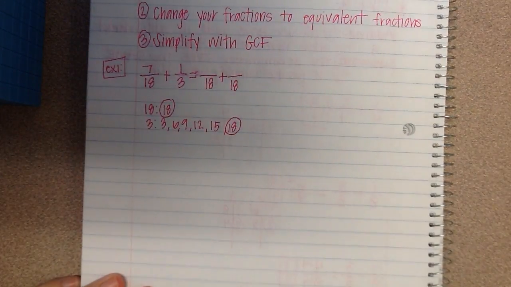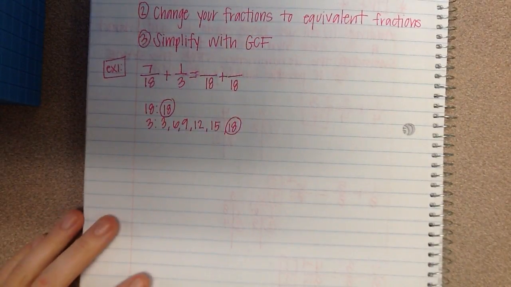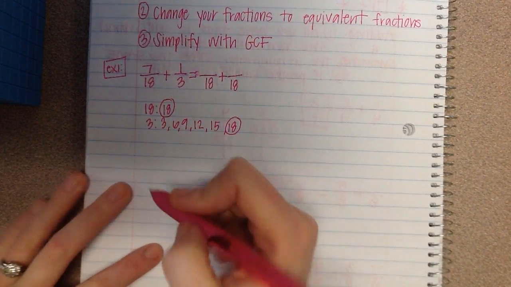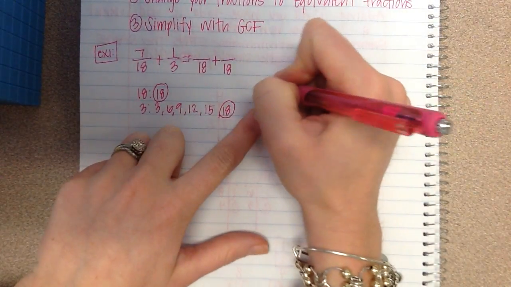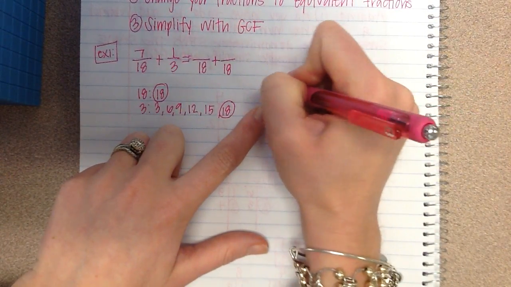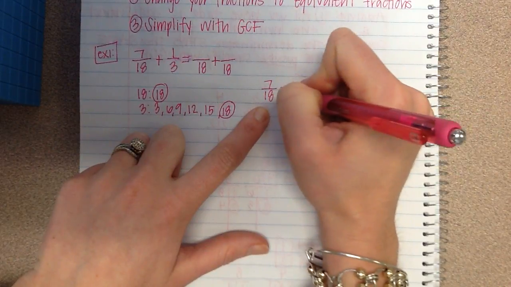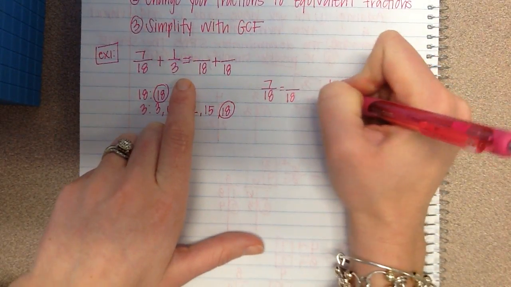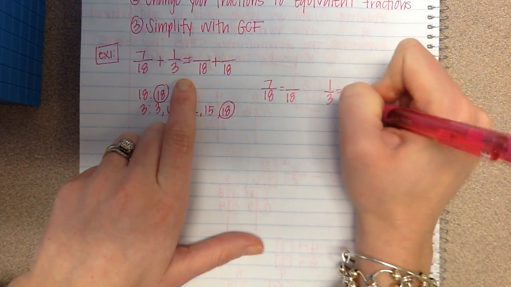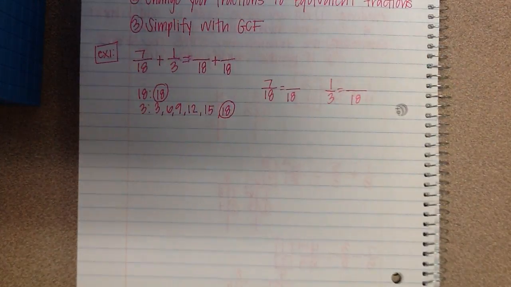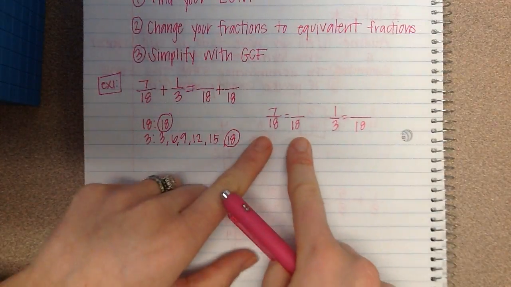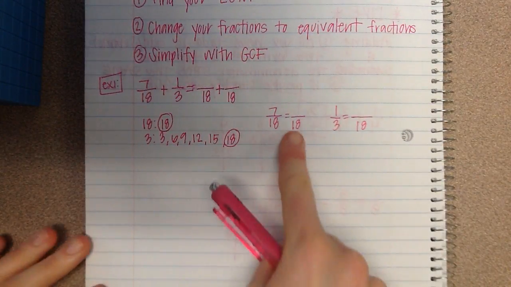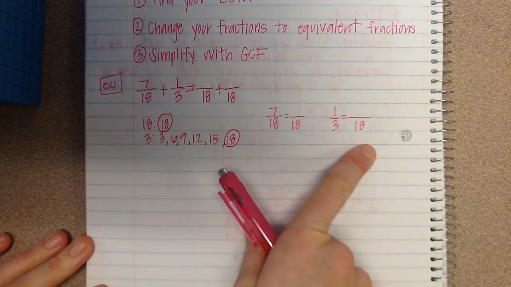It says change fractions to equivalent fractions. So we're going to look at those notes. So then what I have here is 7/18 equals something over 18. And we have 1/3 equals something over 18. Okay? Remember, just because each fraction is different, what you do to one fraction, you don't necessarily do to the other fraction.